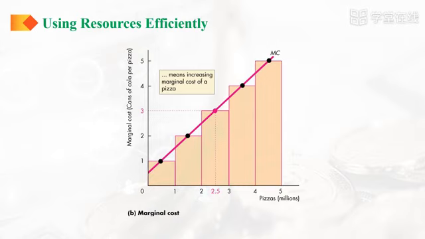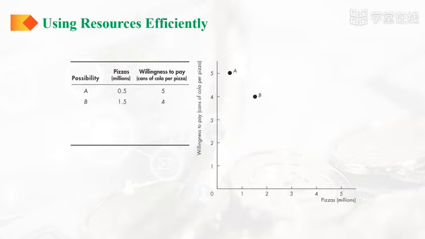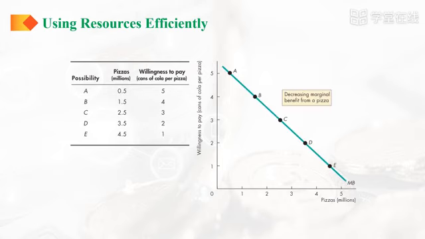Let's continue with the example of cola and pizza and illustrate preferences this way. This figure illustrates preferences as the willingness to pay for pizza in terms of cola.